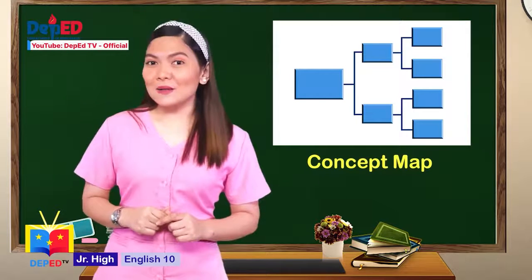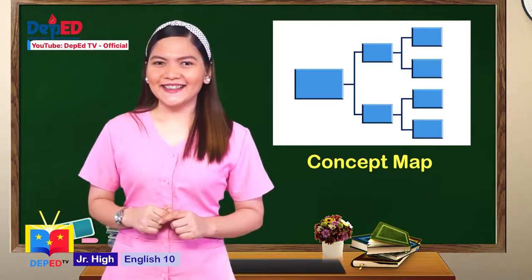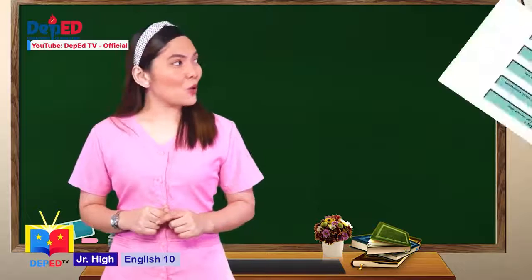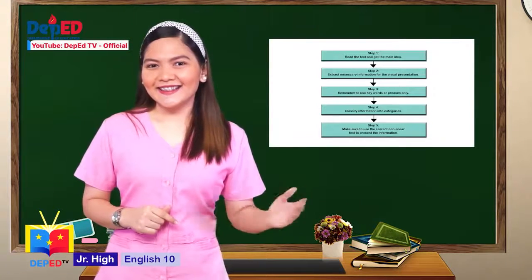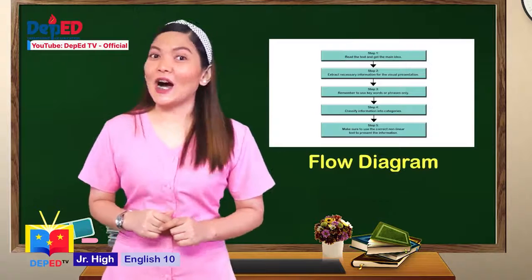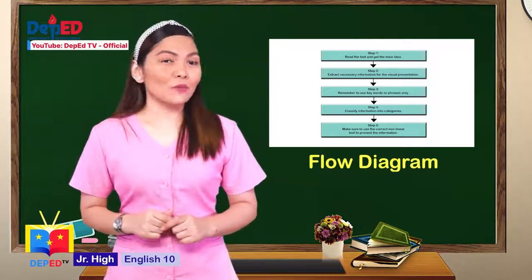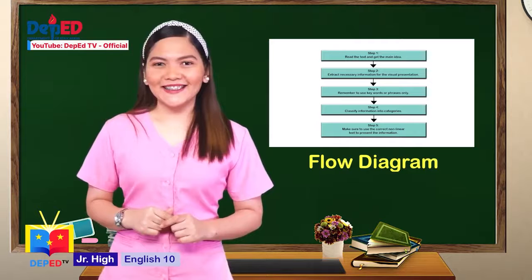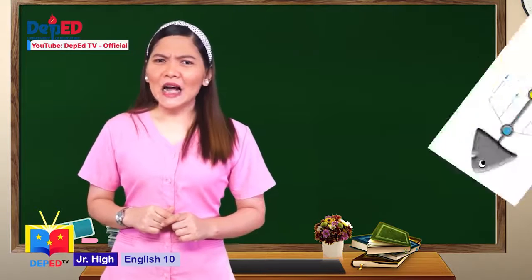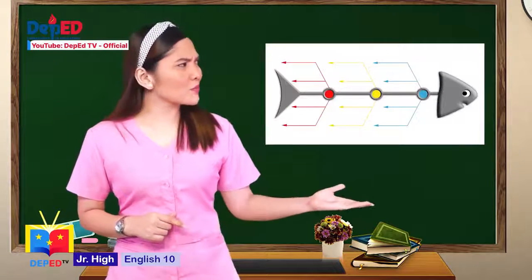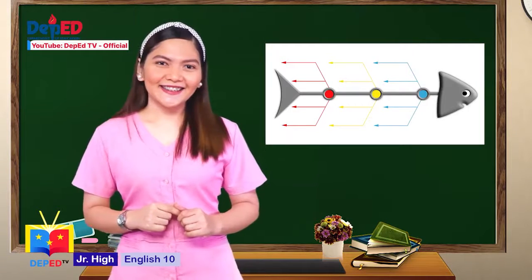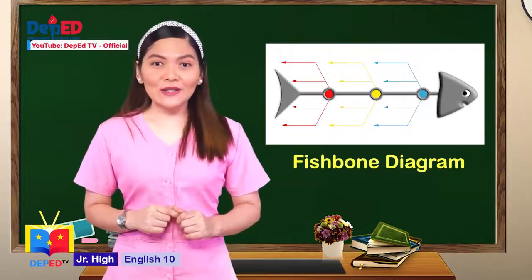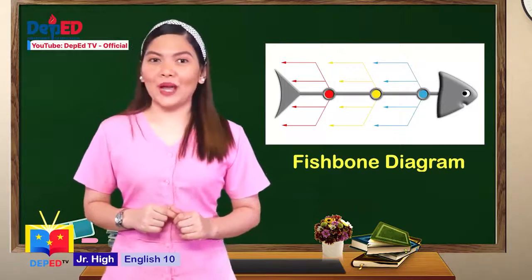This is a concept map. What do we call this diagram? You got it. This is called flow diagram. I know this one is very obvious. This is a... Yes, obviously, this is a fishbone diagram.